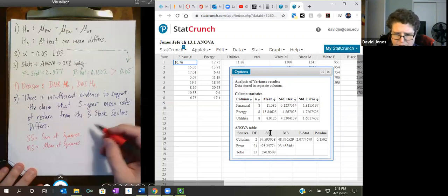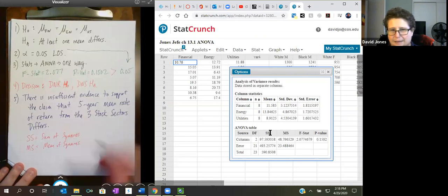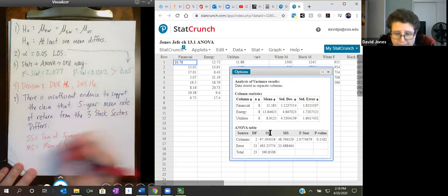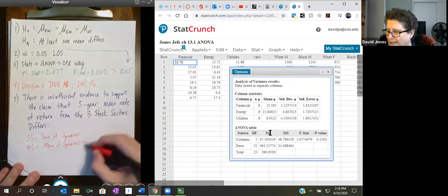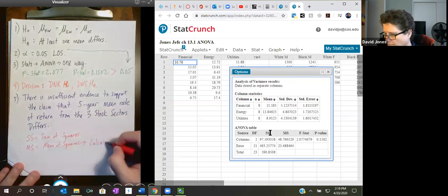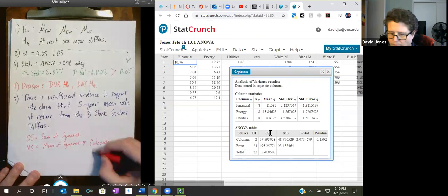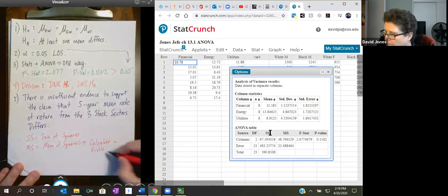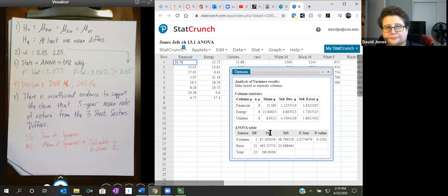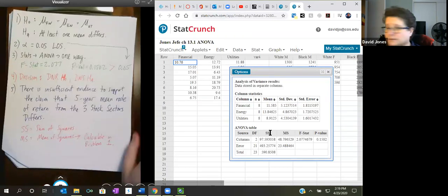And it'll show you how to get the test statistic. MS is what we'll calculate in Problem 1. And I'll show you how to do it.